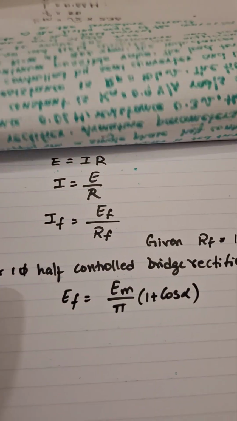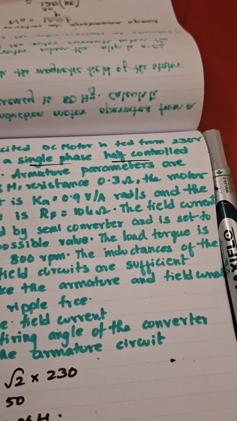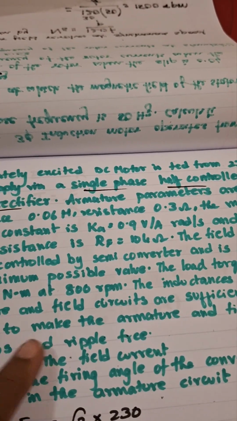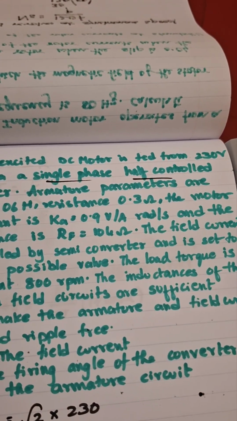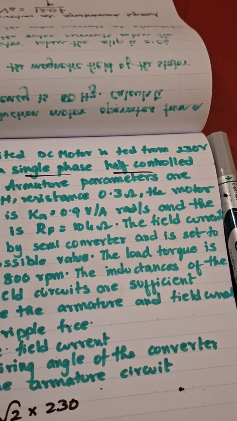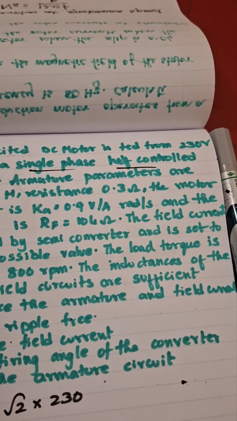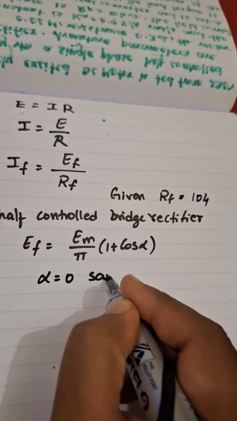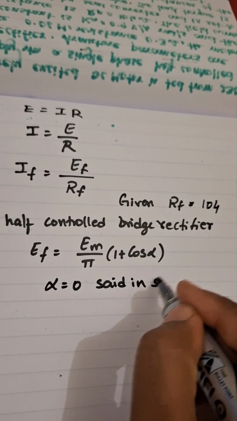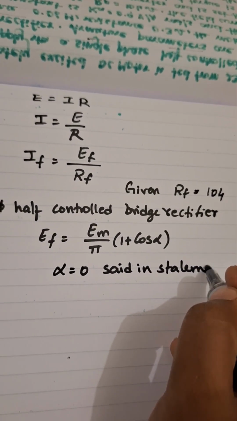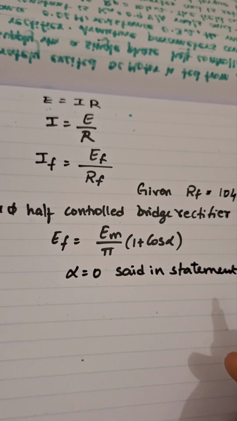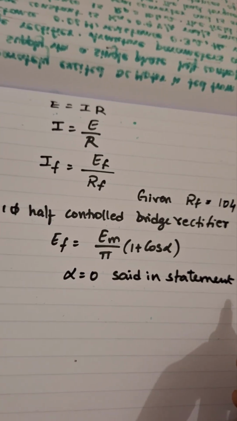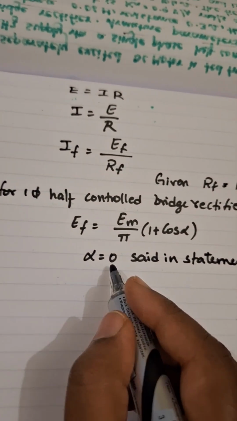Here they said that the maximum field voltage and current are achieved, which means alpha is equal to 0, as said in the statement.